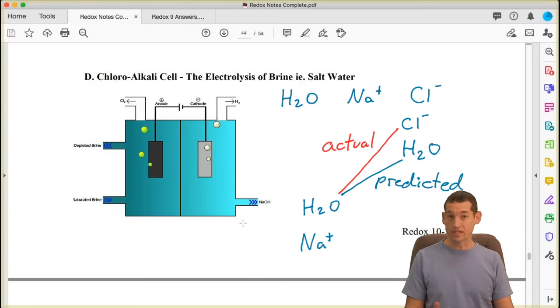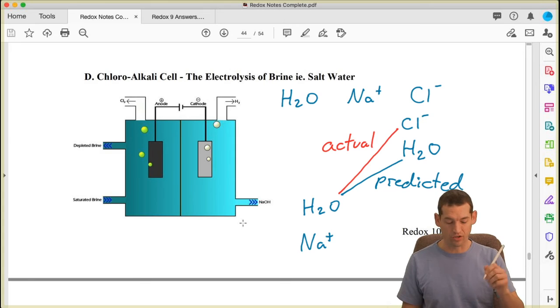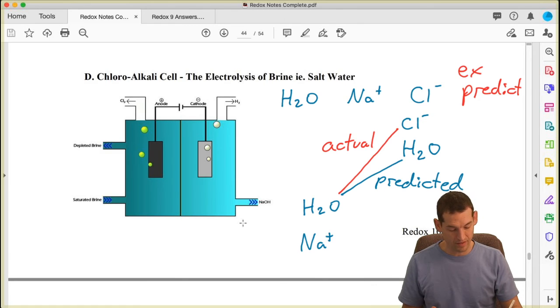So for whatever reason, in reality, the water as an OA reacts with the chloride ions as an RA. And that's essentially all you need to know. You need to know this specific example, and I would write somewhere in your notes that this is an example of where the predicted reaction does not occur.